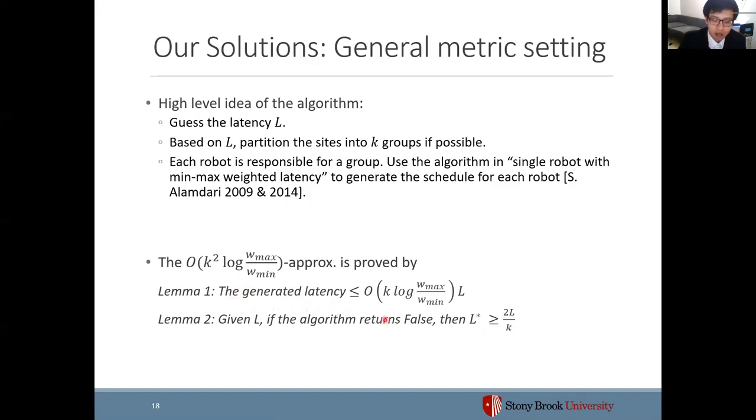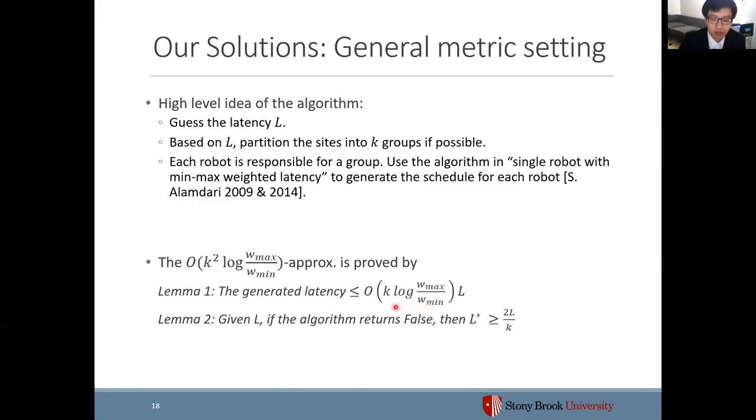The first lemma is not hard to see because, if you remember, in the previous related work I already told you, if you patrol an area with a single robot with their method, they already give you a log W max by W min approximation factor.